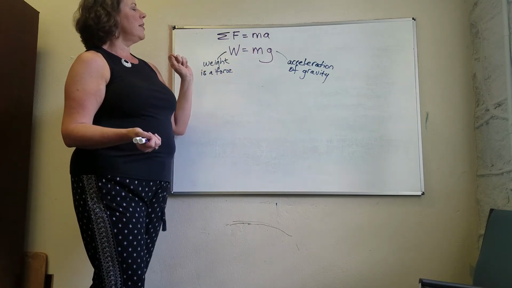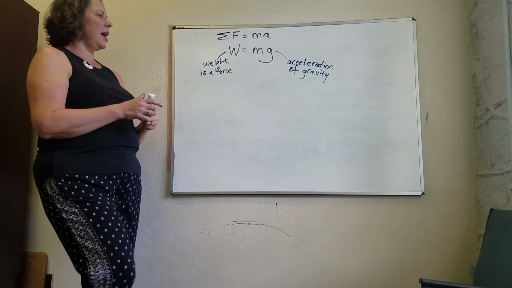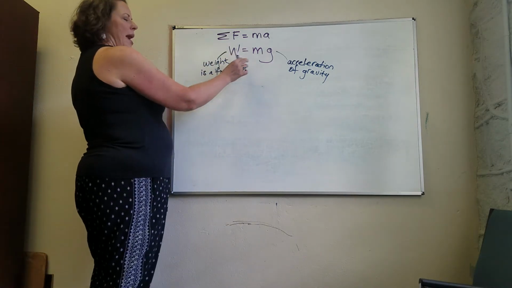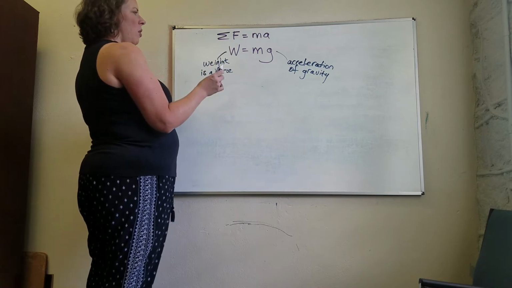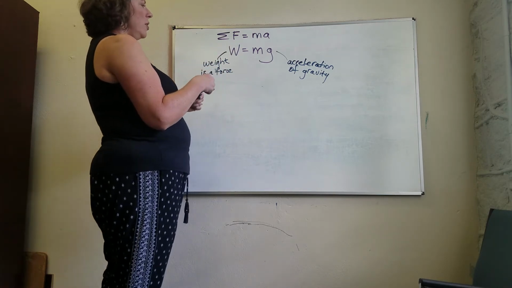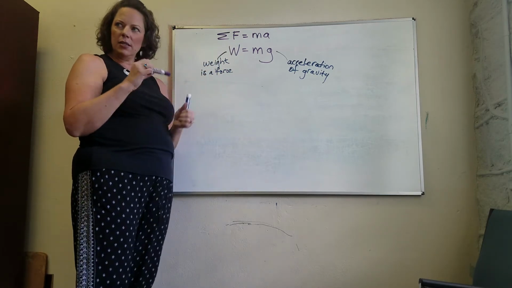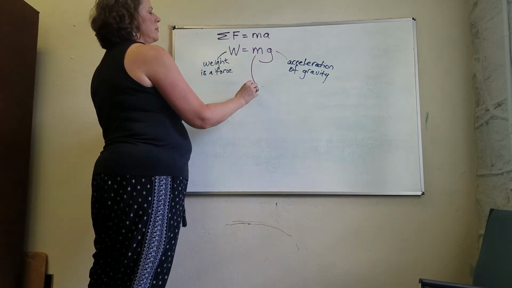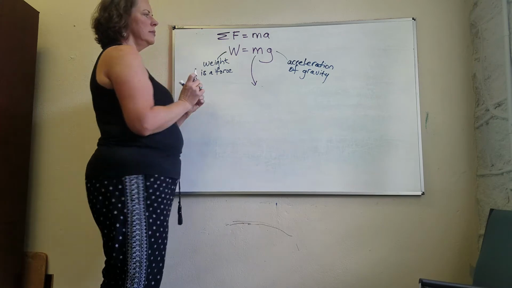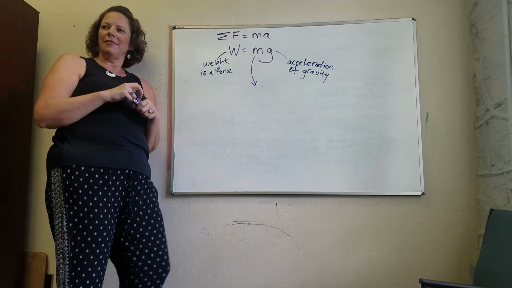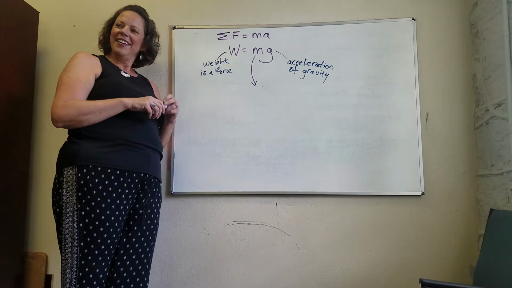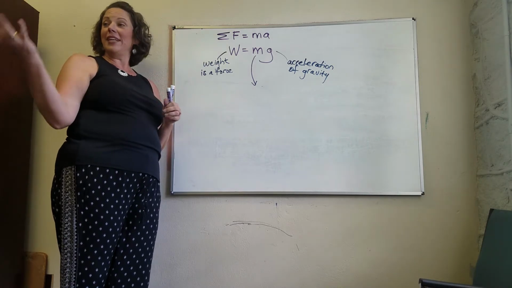So the thing I want to point out is kind of an interesting bit about weight and mass and what they really are. So can you tell me what do you think mass is? It's related to weight.